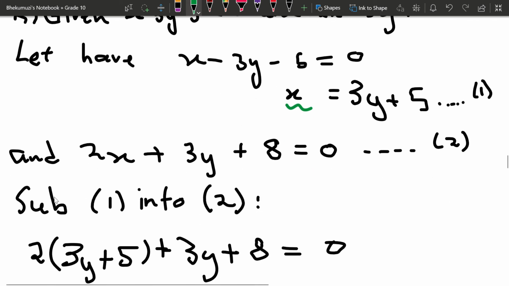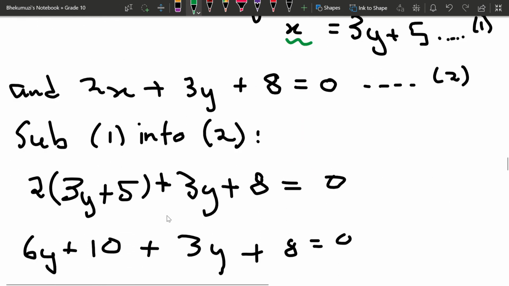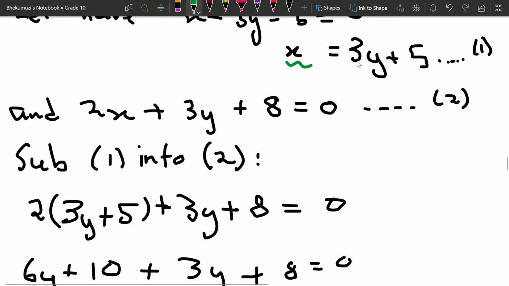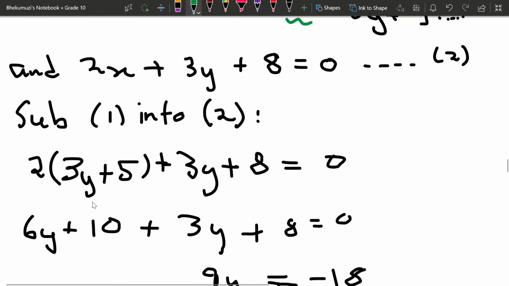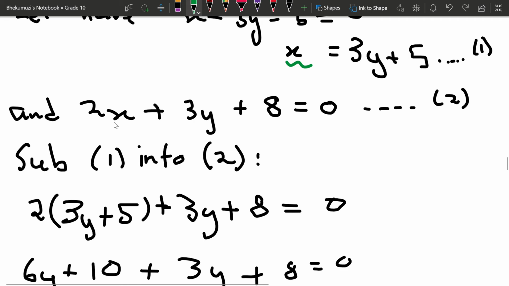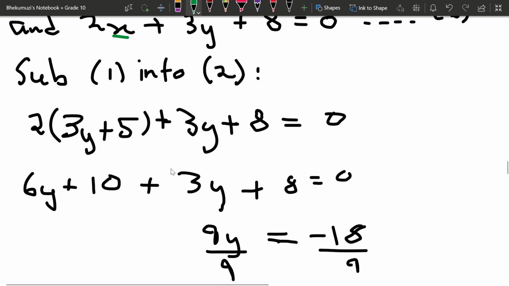And then I say substitute 1 into 2. So literally, I take 3y plus 5 and replace x, because the subject of this equation is x. So I'm replacing this x with 3y plus 5, and then I just solve it as I normally would solve an equation.